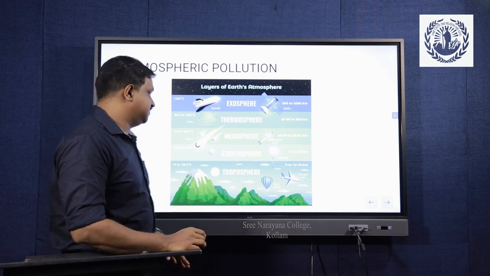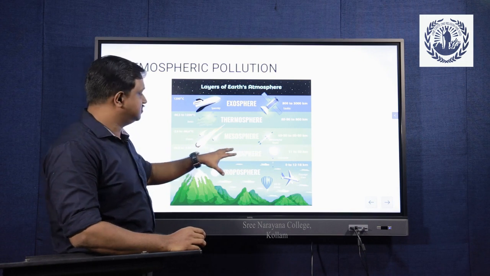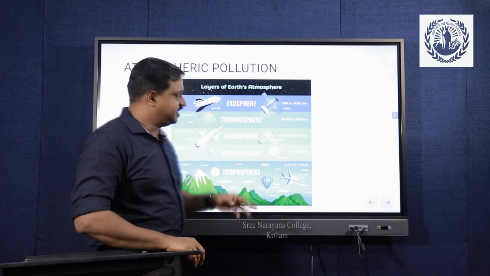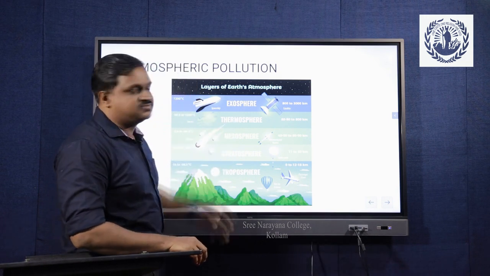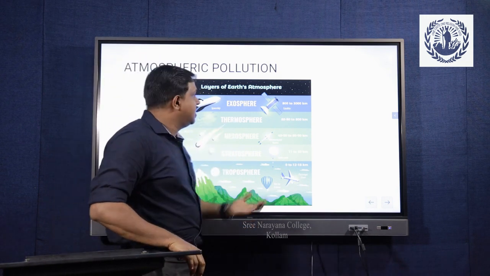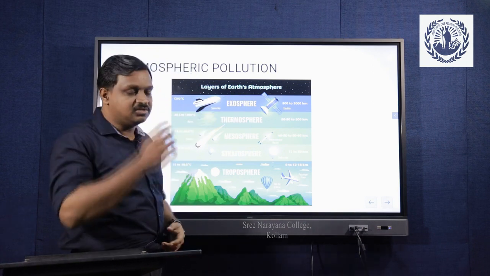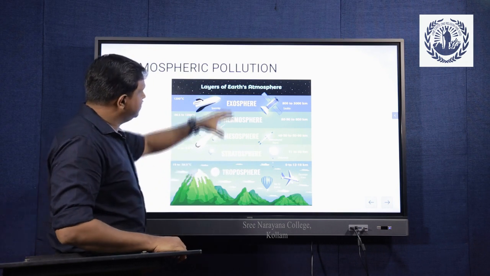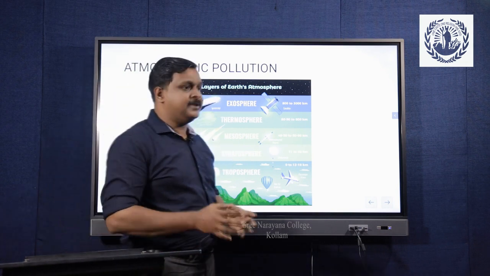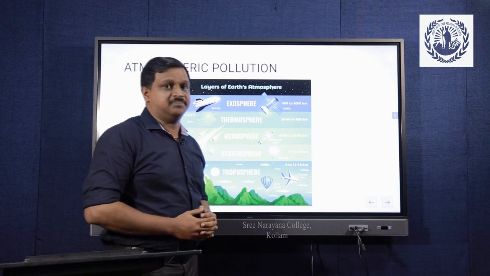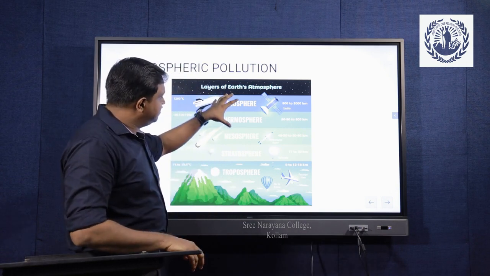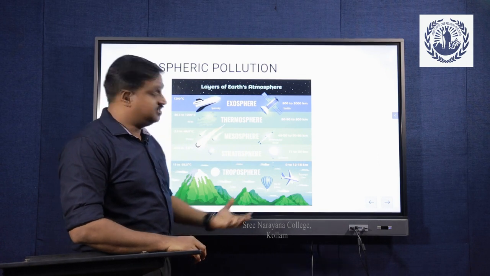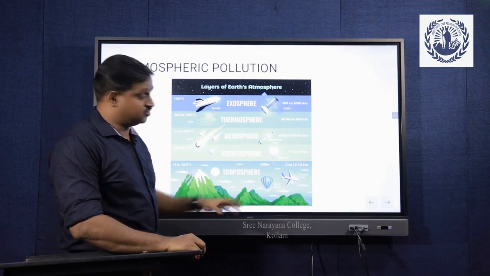Next comes the most important part, the stratosphere, where the important molecule called ozone lies, and the mesosphere and thermosphere are very important in our telecommunication system, and finally the exosphere, where the satellites are present. But keeping all the parts of the atmosphere clean is very important, because the maintenance of these parts will always enhance the survival of all the living organisms.